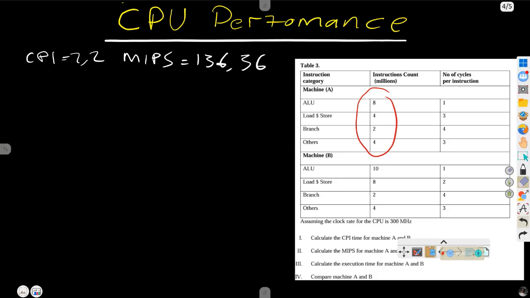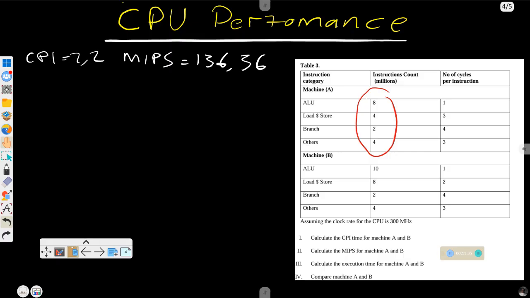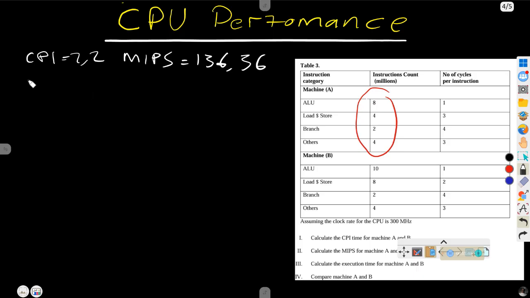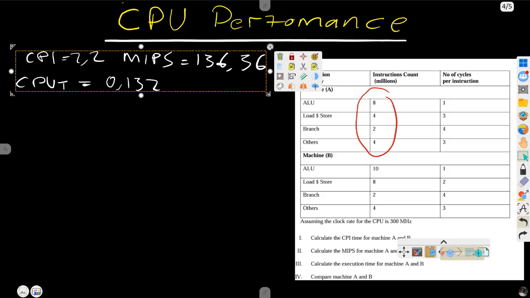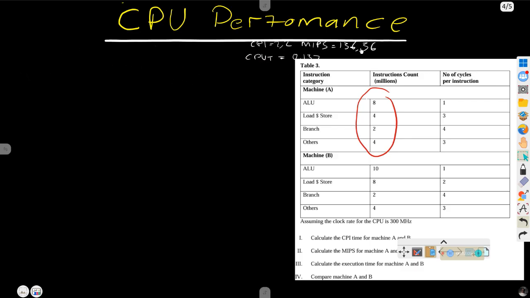Now basically we have our CPU time, which is equal to 0.132. Now I will reduce the size of this so that I can have space to work within. I'll enlarge it when I need it. Let's put it somewhere, maybe there.